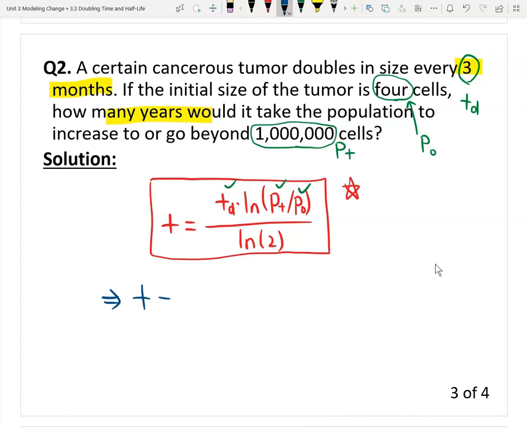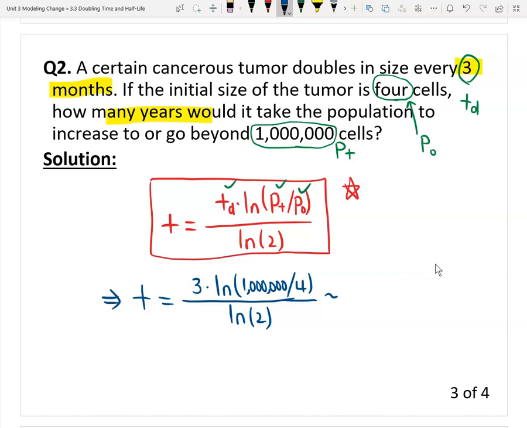Set up t. So t equals TD, now 3 months, times ln of a million, the future, over 4 cells, the initial, divided by ln of 2. Okay, do the calculation in the calculator. See what do we get?